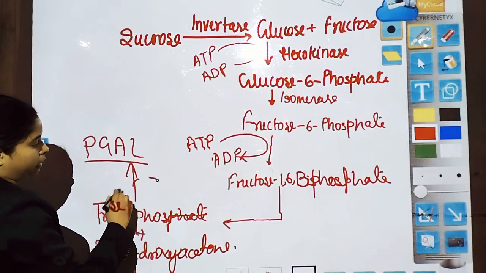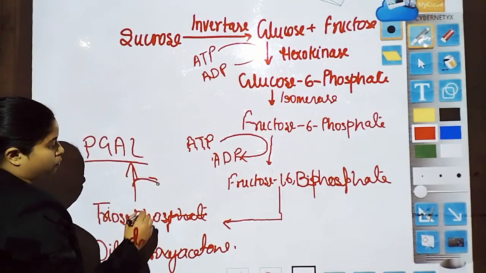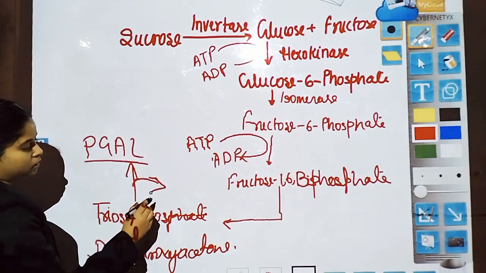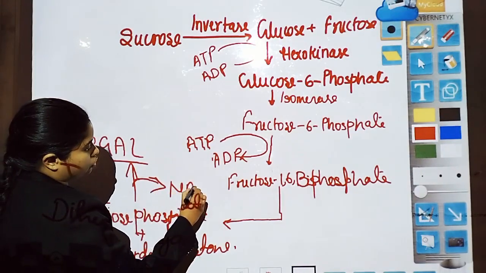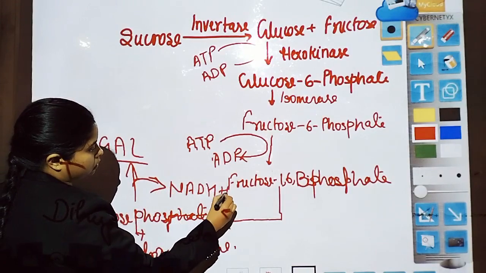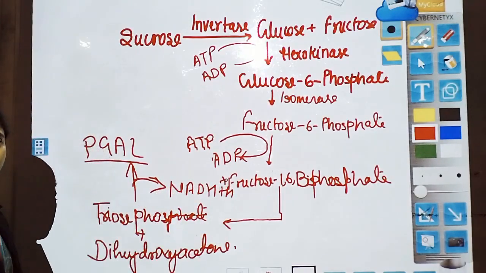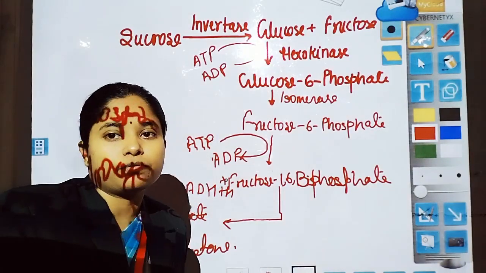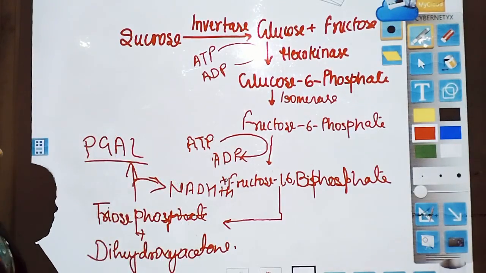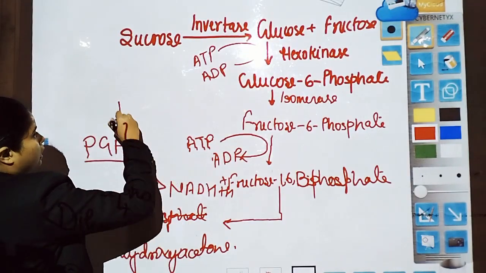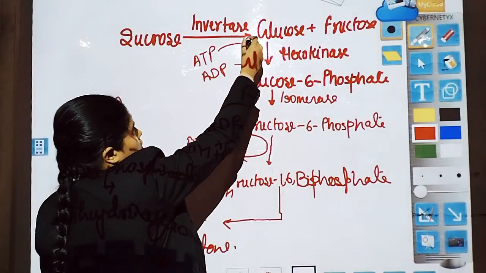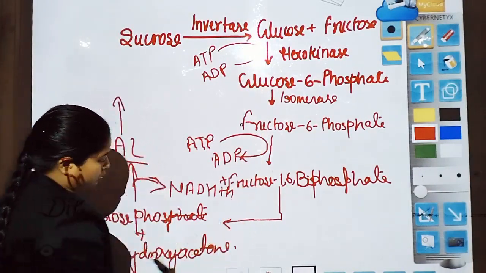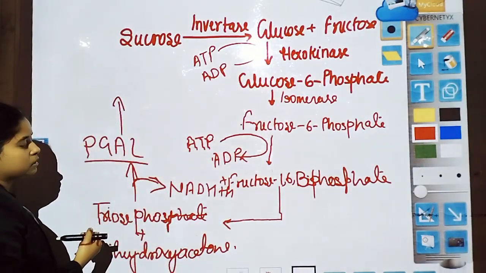In this step there is synthesis of NADH plus from the NAD plus molecule. Now again, here is the sixth step.